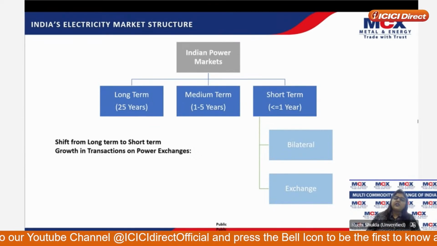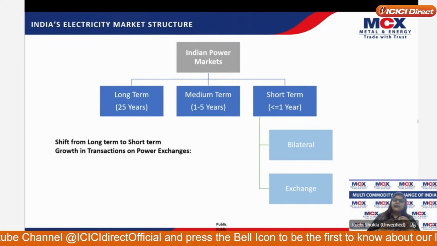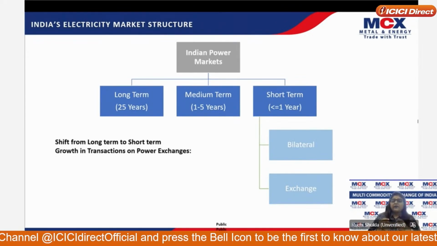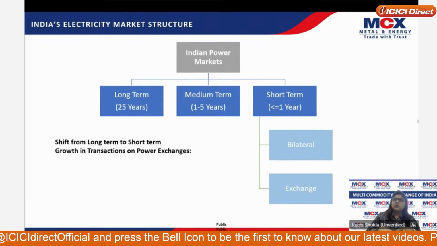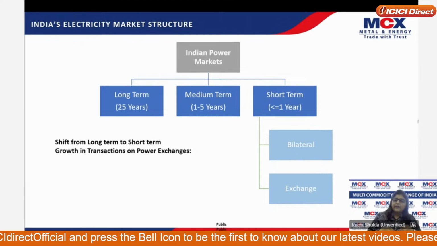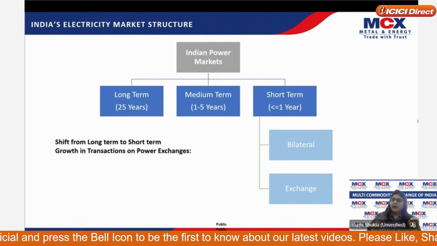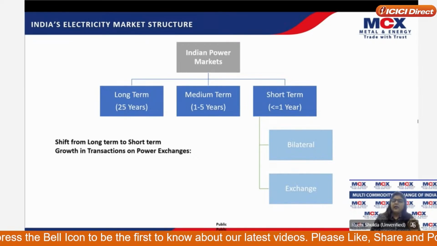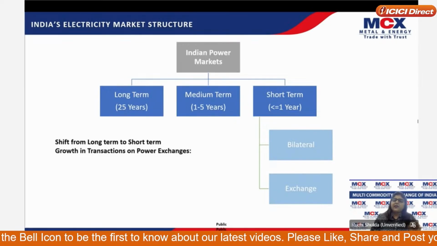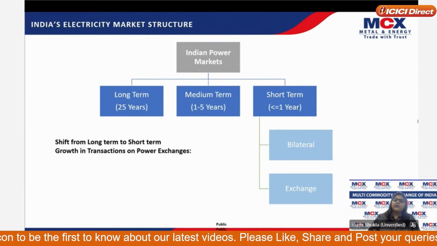This means there is either a surplus or a deficit for which these participants are coming to the spot exchanges to either buy or sell electricity. Whenever you trade in a short-term market, there is always uncertainty. And whenever there is uncertainty, there is risk. And if there is a risk, we need to manage those risks.